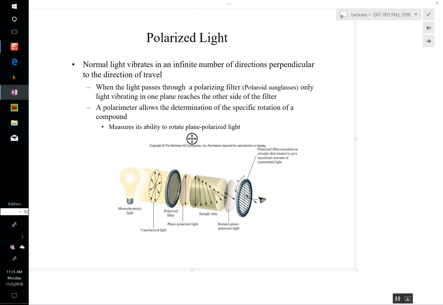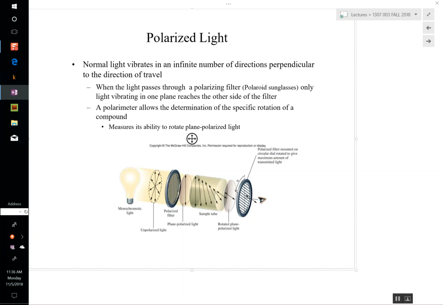Here's your sample. You would have a glass tube with your sample in it. That polarized light comes through there, and it has rotated that monochromatic light to a little different direction. Same wavelength, but it's been moved over to a little different angle.